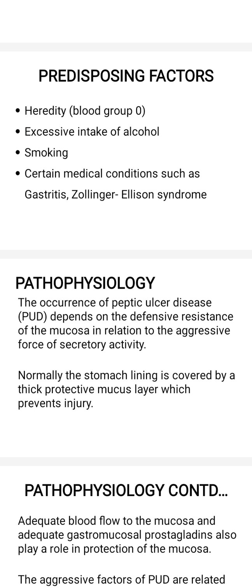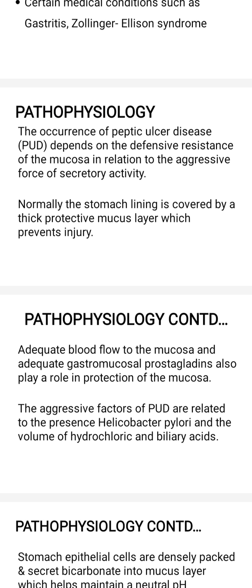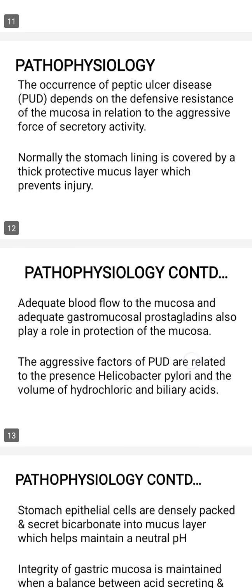The stomach lining is covered by a thick protective layer, which prevents it from injuries. One of these is prostaglandin, which acts as one of the protective layers of the stomach.